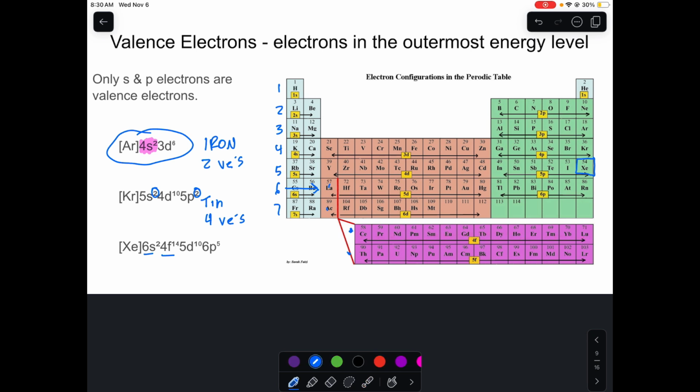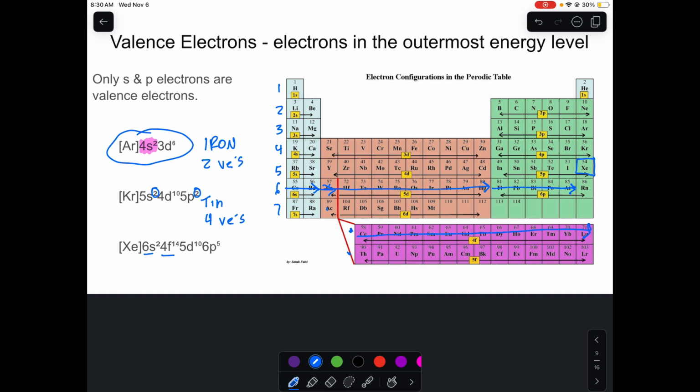So let's go ahead and plot that. 4f14, going all the way through here. Then we go 5d10. And 6p5. 1, 2, 3, 4, 5.